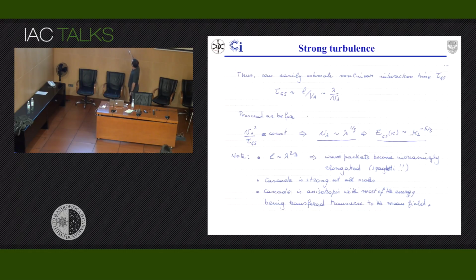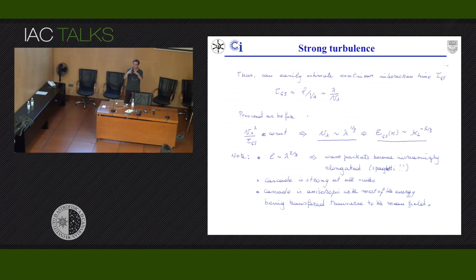Conclusion: the energy spectrum in the Goldreich-Sridhar theory is k perpendicular to the -5/3. So it's the same as Kolmogorov theory, but with the transverse wave number. And since L goes as lambda to the 2/3, as lambda becomes small, L is going to 0 slower than lambda. These things are getting longer and longer and longer.